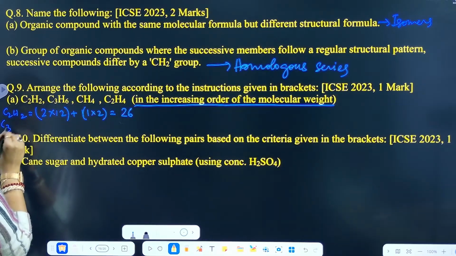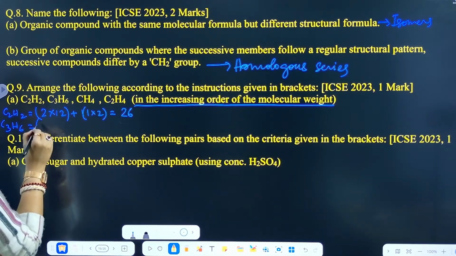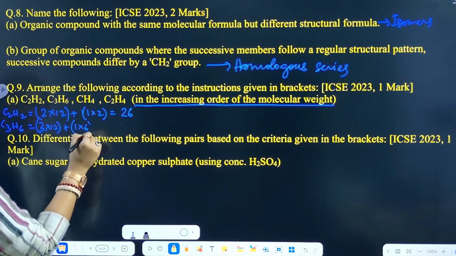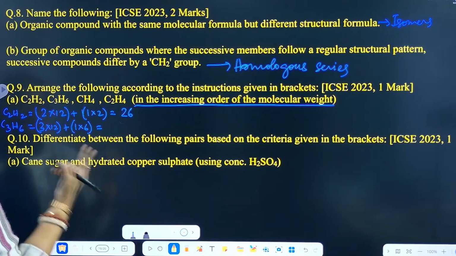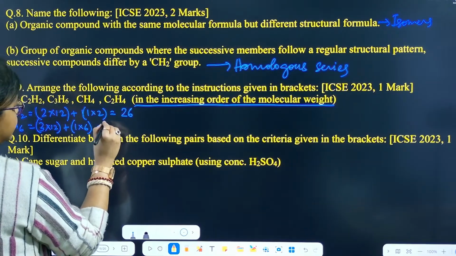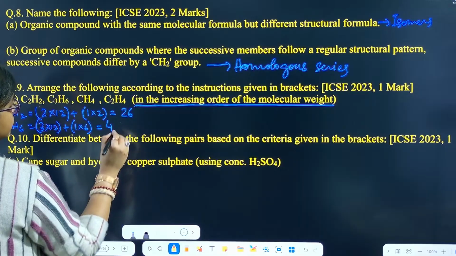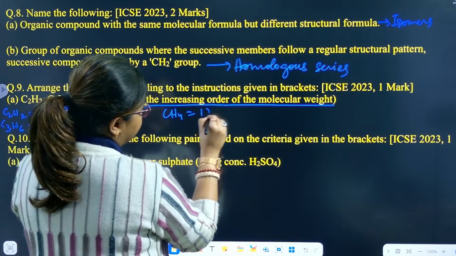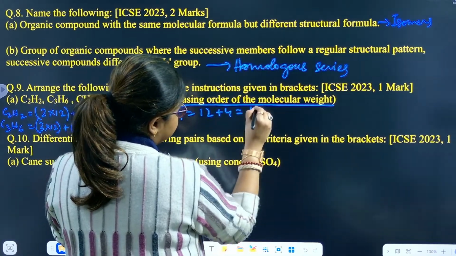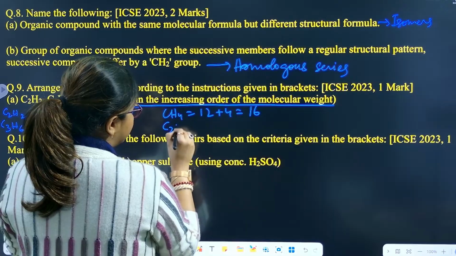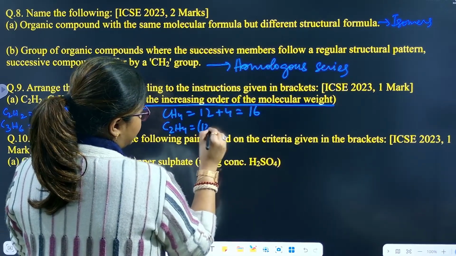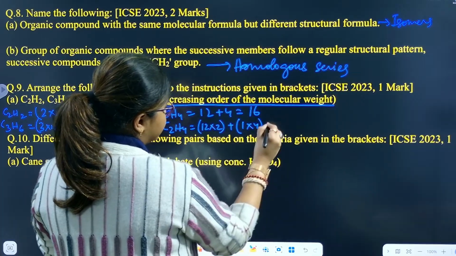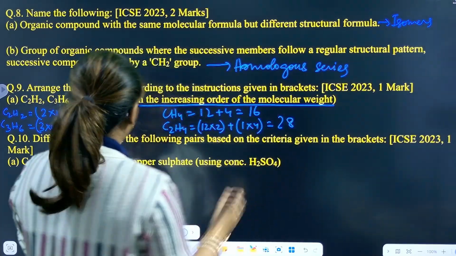This is C3H6, matlab 3 into 12 plus 1 into 6. 3 12s are 36 plus 6, that means this is 42. CH4 is 12 plus 4, that means 16, and C2H4 12 into 2 plus 1 into 4. 12 2s are 24 plus 4 is 28.